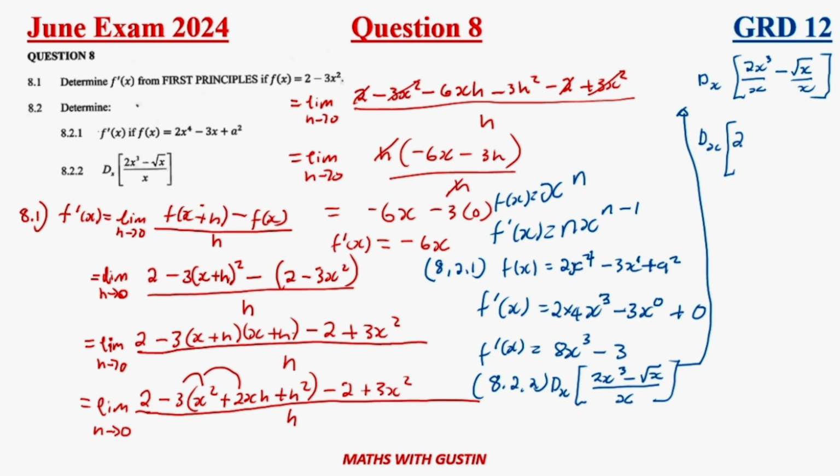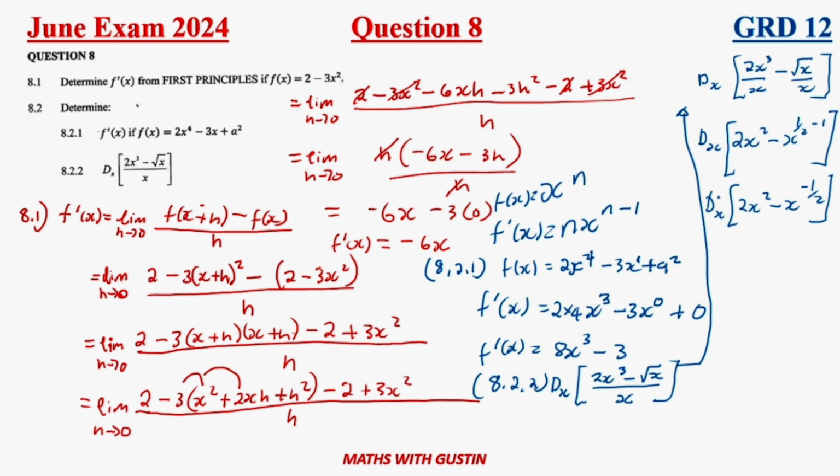So it's equal to negative x to the power of a half minus 1. We haven't taken the derivative as yet, so we're still just simplifying. This one here will give us negative x to the power of negative half.